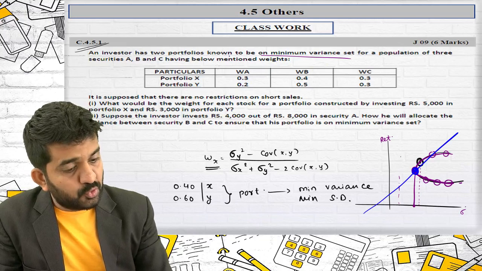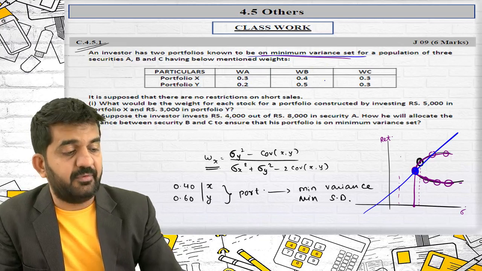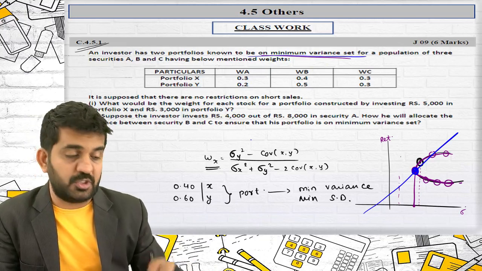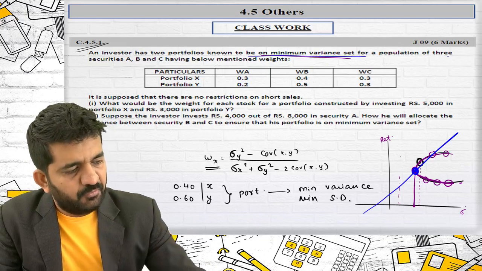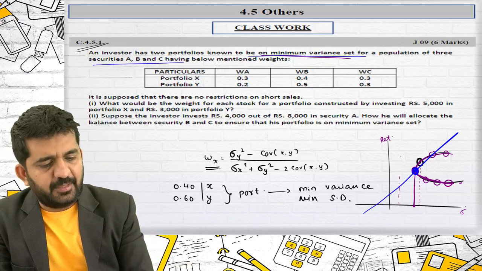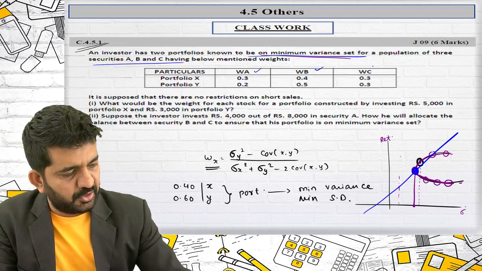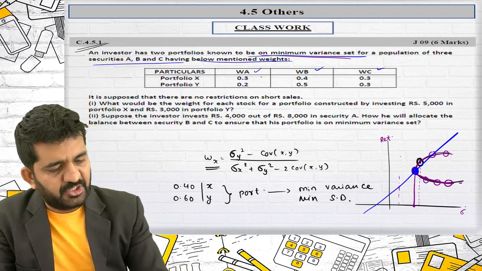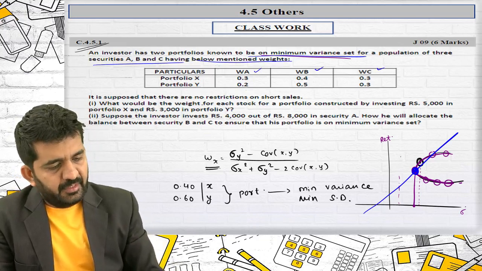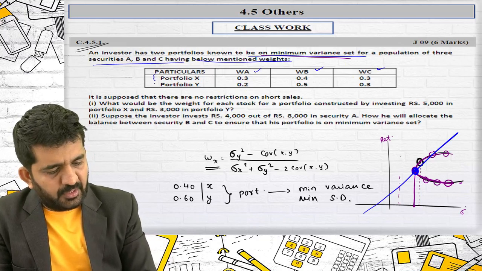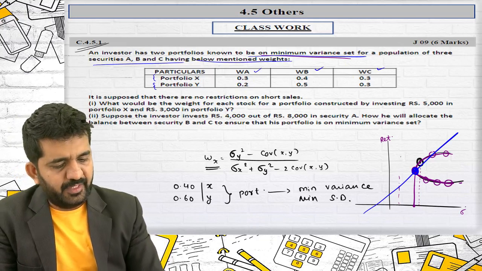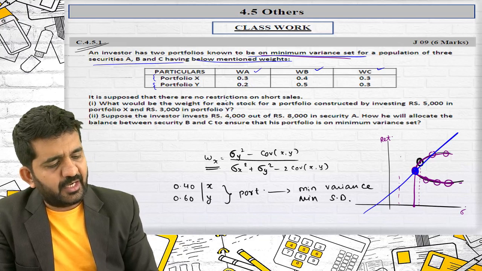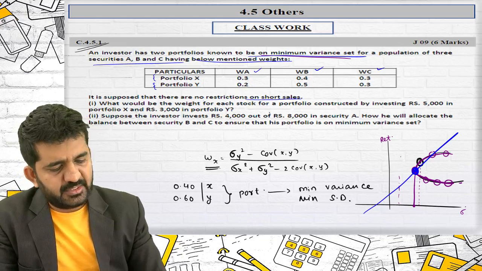An investor has two portfolios known to be on the minimum variance set for a population of three securities A, B and C. So there are three securities A, B and C, with the below mentioned weights. So these are the weights of portfolio X and portfolio Y. It is supposed that there is no restriction on short sales.